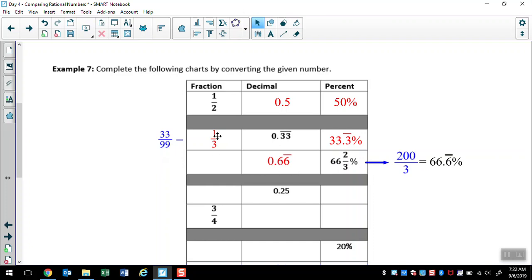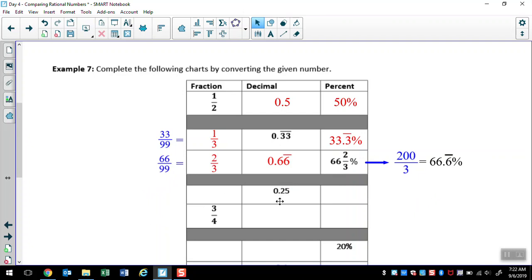Now, just like we did this one up here, that 6 is in the hundredths place, but it's repeating. So we actually take it down a number and we put it over 99. 66 over 99 gives us 2/3. Okay? So the thirds are generally the hardest ones.